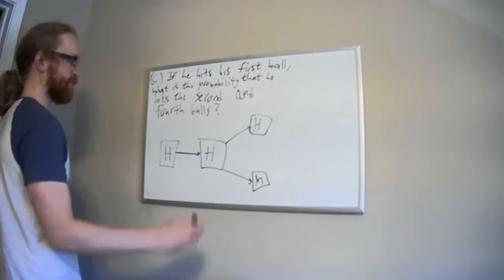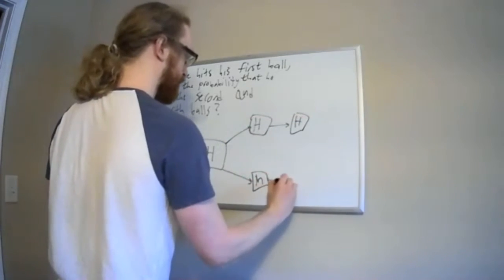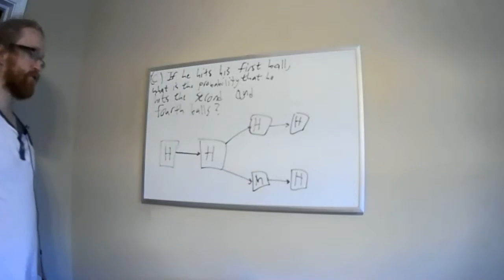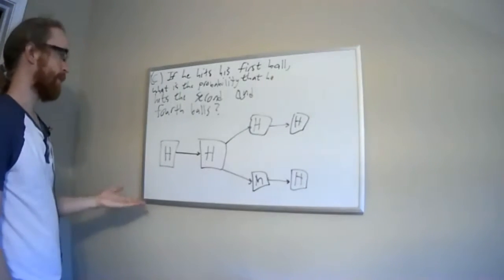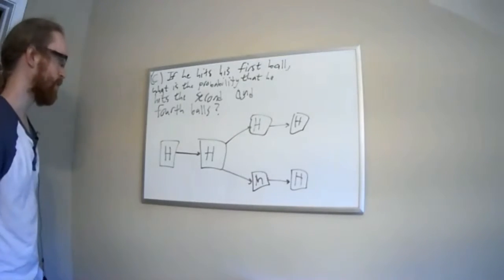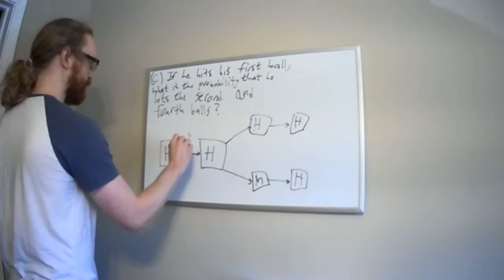And then finally, on the fourth time, what do I know? I know he has to hit on the fourth time. So those have to transition to hit. So this would be a tree diagram that represents this scenario here. And the last thing we need to do is fill in the probabilities that match. And we know what those are. Again, his probability of going from hit to hit we found was 3/4.